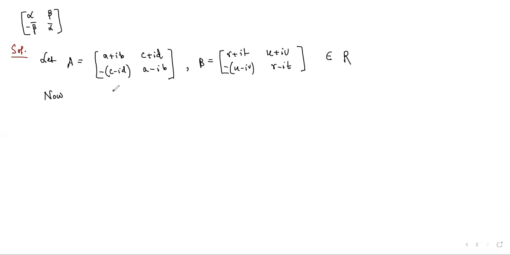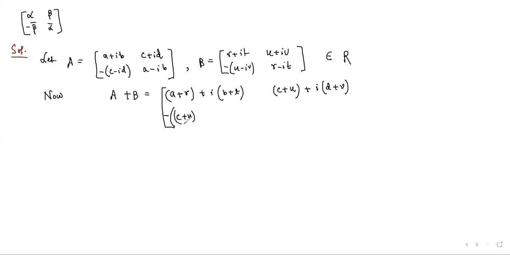Now, if I add these two matrices element wise, we get A plus R, i into (B plus T), C plus U, i into (D plus V), and so on, with the other entries A plus R and minus i into (B plus T).